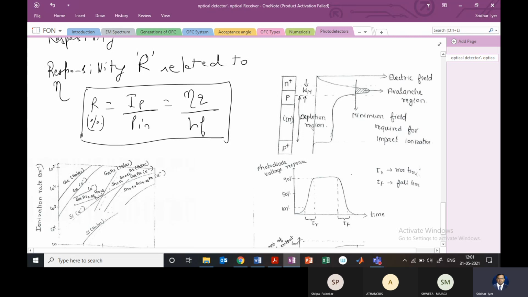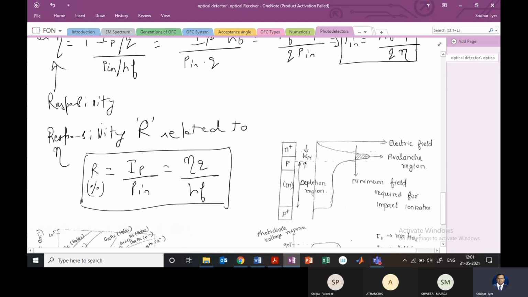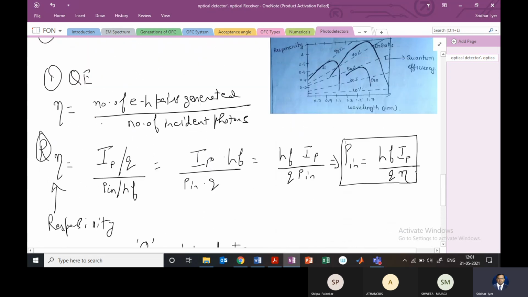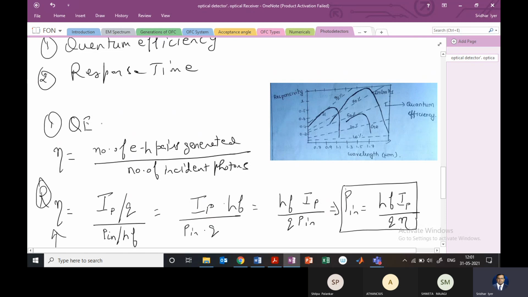Right. So the diagram which we were seeing up here is showing us responsivity in terms of wavelength, right? And we can see that the quantum efficiency, which is specified on the right hand side here, is not constant at all wavelengths. So it's not that you operate at any wavelength and you will get the same quantum efficiency.